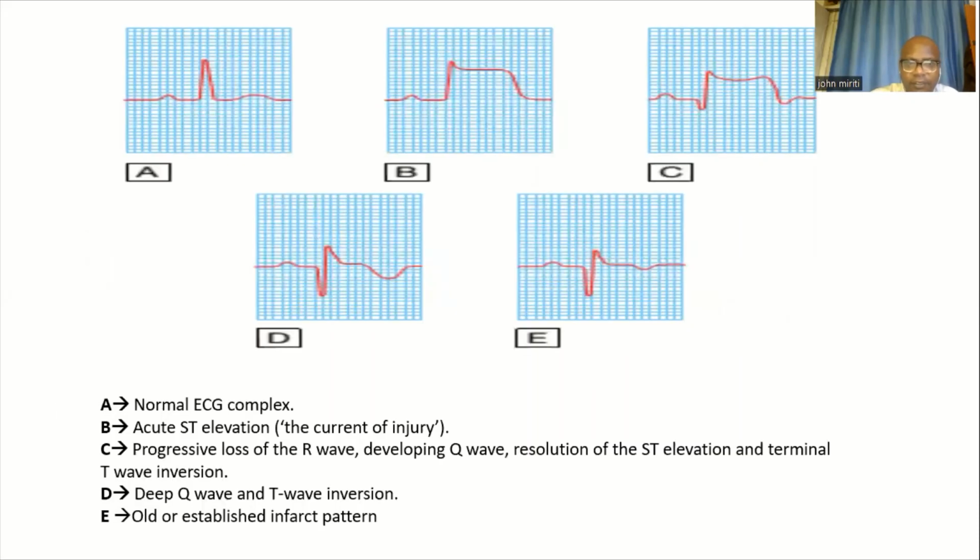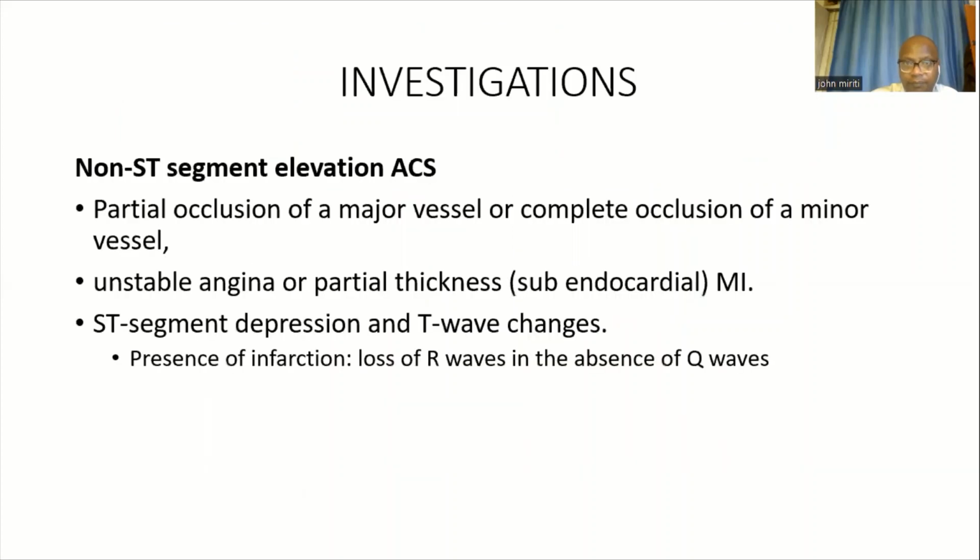A is the normal ECG complex, B is the acute ST elevation in coronary injury, C is the progressive loss of R wave and developing of Q wave, resolution of ST elevation and terminal T wave inversion. D is deep Q wave and T wave inversion, and E is the established infarction pattern.